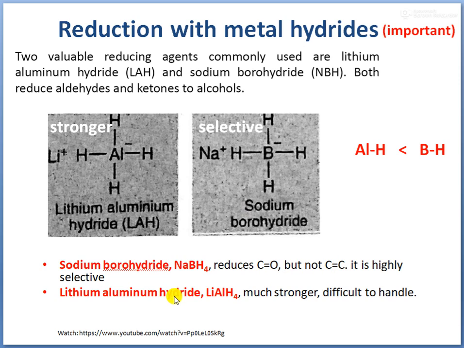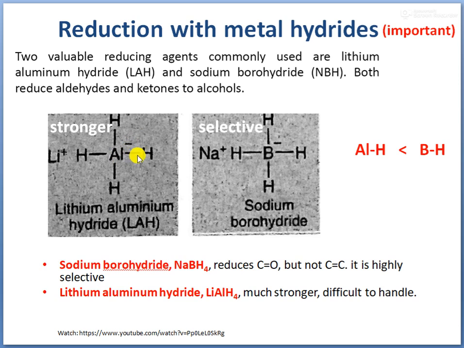But lithium aluminium hydride is a much stronger reducing agent and it is very difficult to handle. This is because the Al-H bond here is very weak, so it can easily dissociate and give the H-, that is the hydride ions, to the substrate that has to be reduced.